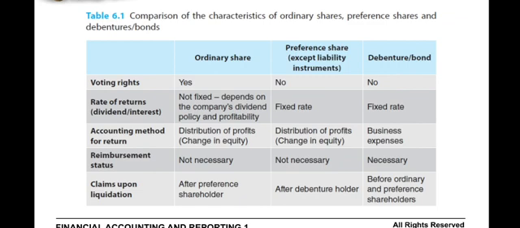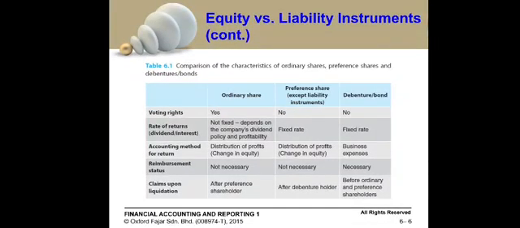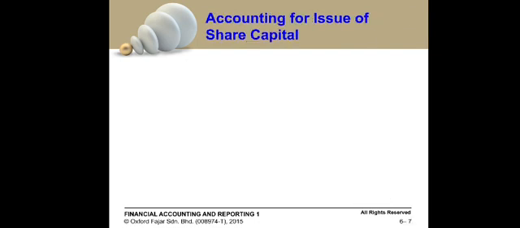And after that, if the company has paid all the preference shareholders and still has assets, then the company should pay the ordinary shareholders. So these are the differences. You have to understand the difference between ordinary share, preference share, and the debenture.